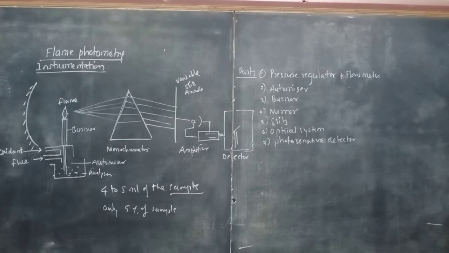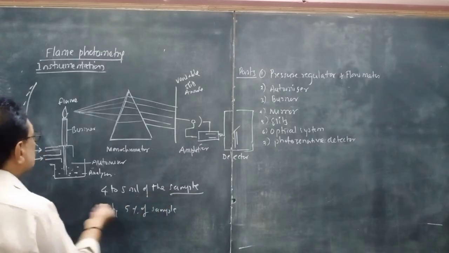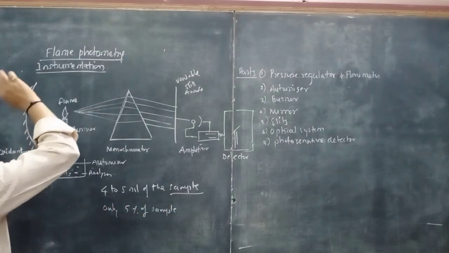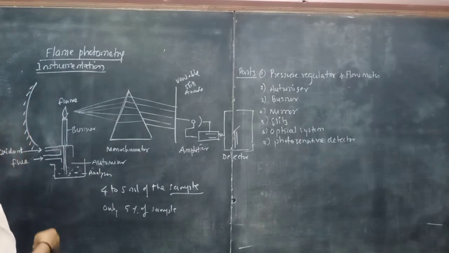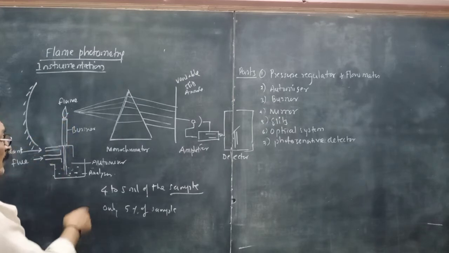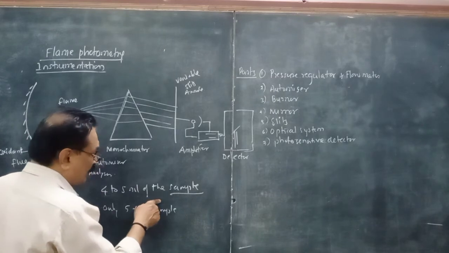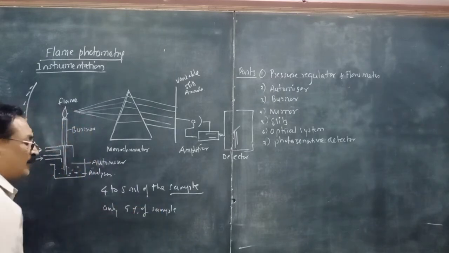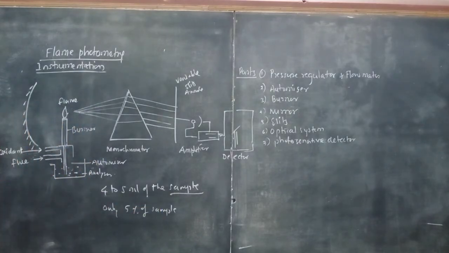Clear? Means 4 to 5 ml of the sample is allowed to spray. The sample is in the form of small droplets. Bigger droplets are removed. Uniform droplets come in contact with the flame. But out of 4 to 5 ml, only 5% of the droplets come in contact with the flame.